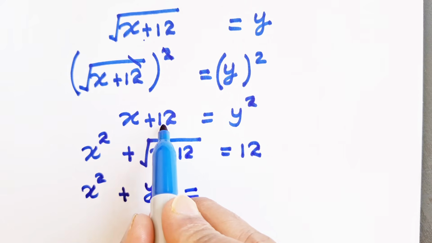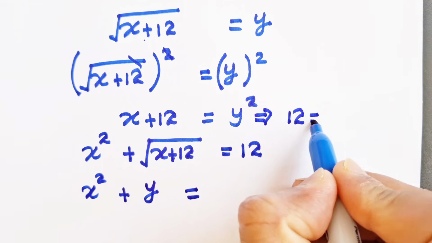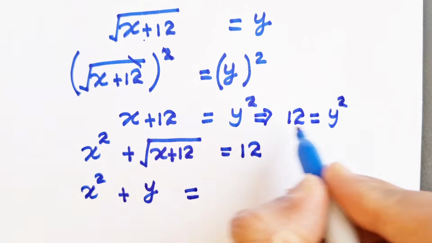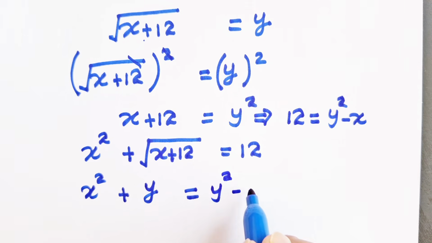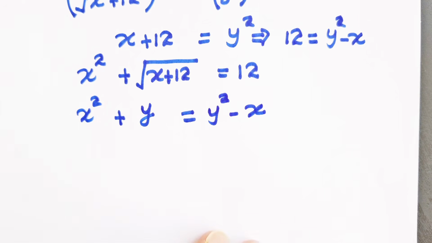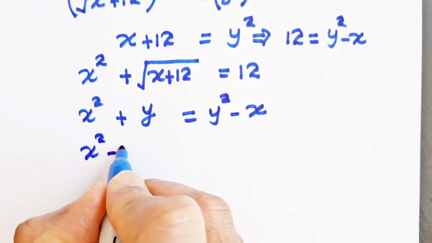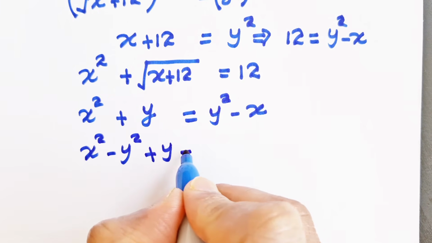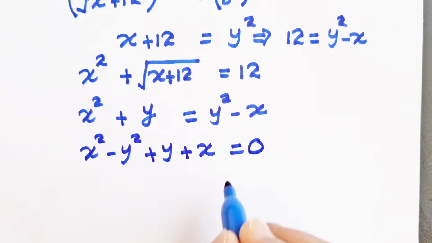For 12, from this equation, I can take 12 is equal to y squared minus x. So I'm going to substitute that for 12. Now I am going to take all the elements to the left hand side. Then we have x squared minus y squared plus y plus x equal to 0.